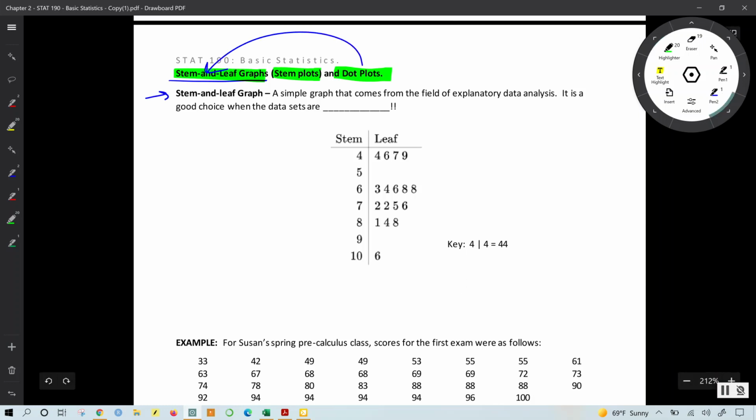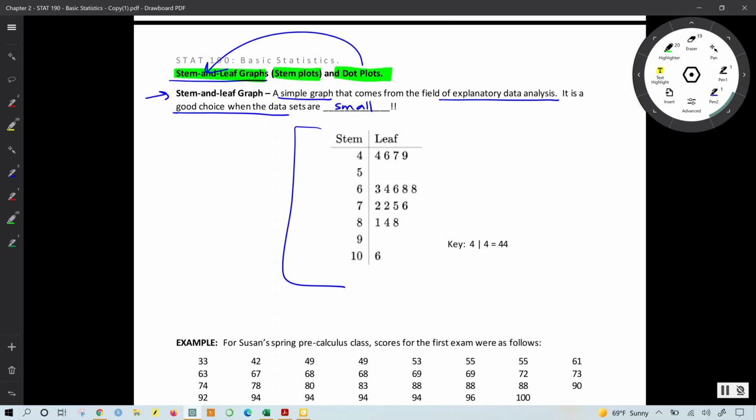What is a stem and leaf graph? It's a simple graph that comes from the field of exploratory data analysis. It is a very good choice when the data sets are small in size.